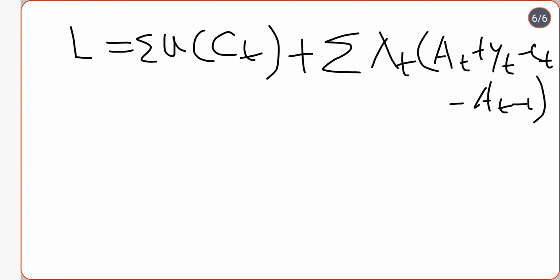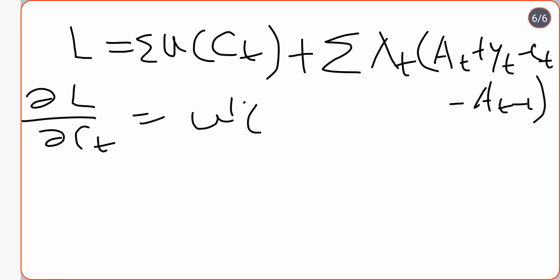So basically we will do the derivative of this L with respect to ct at first. What will be the value? The value will be u dash ct minus, with respect to ct it is minus lambda t, right? Minus lambda t, that will be equal to 0.